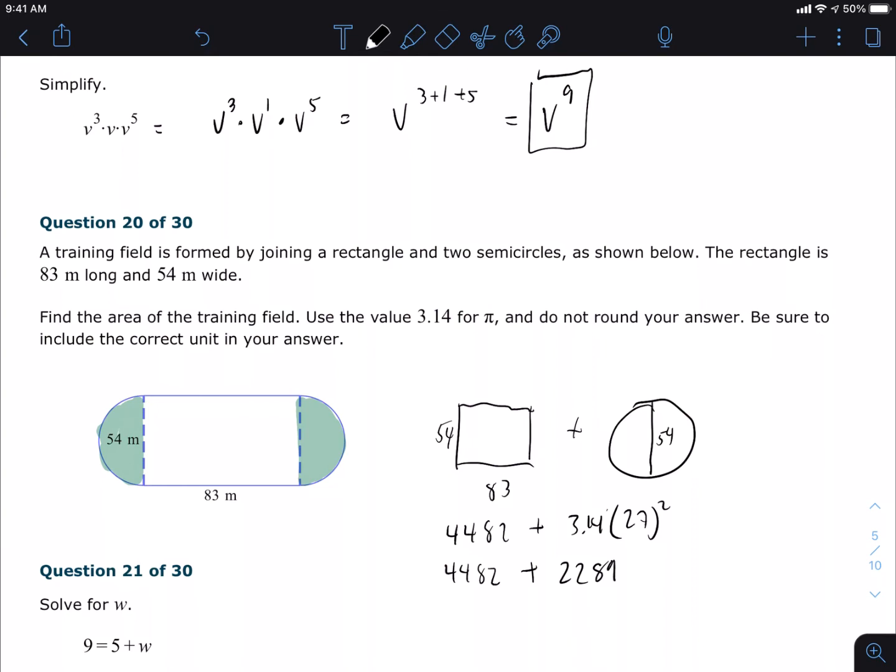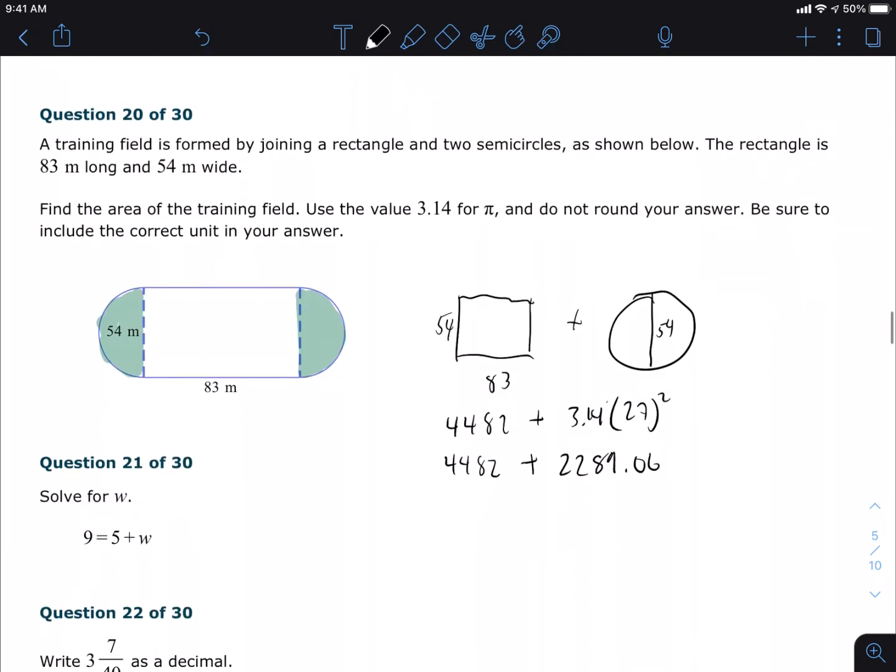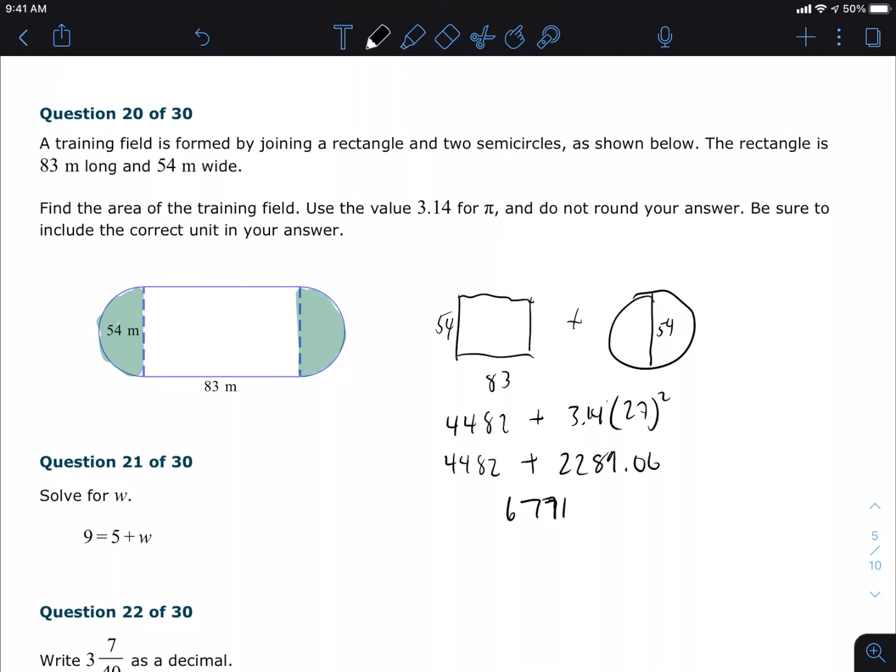How many decimal spots do they want? I'll just give you the whole thing, 0.06. Okay. So then adding that up, 4,482 plus my answer is going to give me 6,771.06, and we should be in meters what? Anybody? Should be meters squared. Okay.